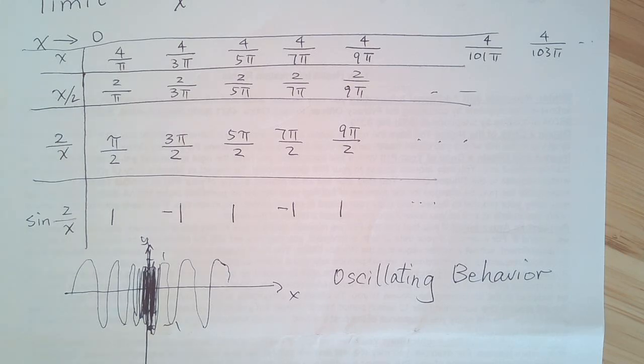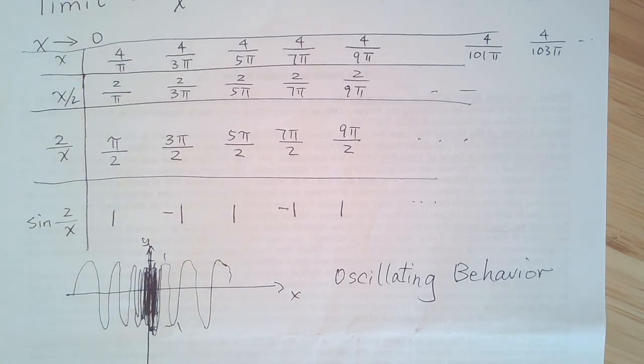It goes beyond any fixed number. And the third situation is oscillation between 2 fixed values when x approaches c, or a number. In this case, our x approaches 0. So those are the 3 common situations where your limit does not exist. See, you're not lucky all the time, right?